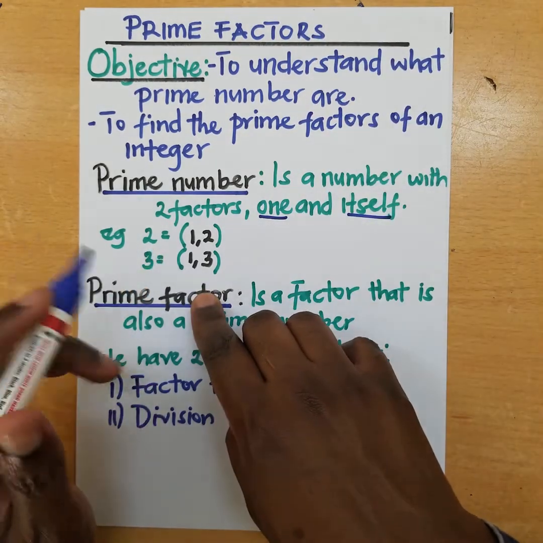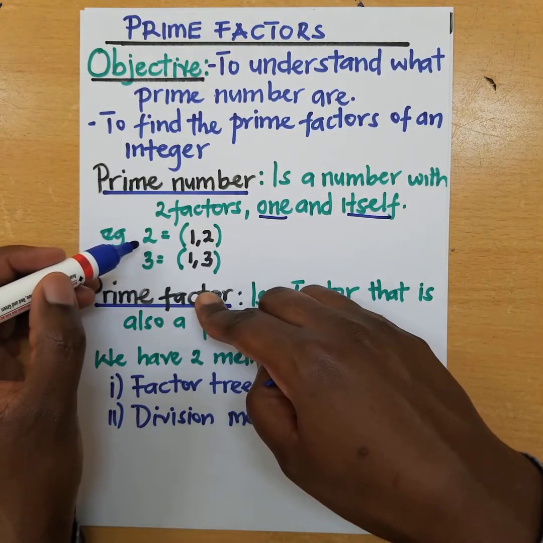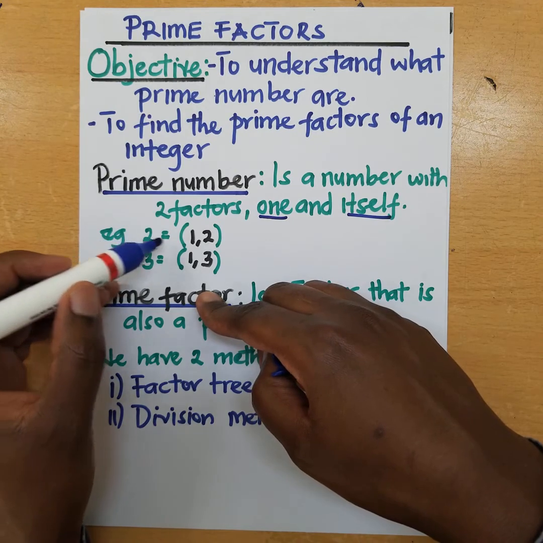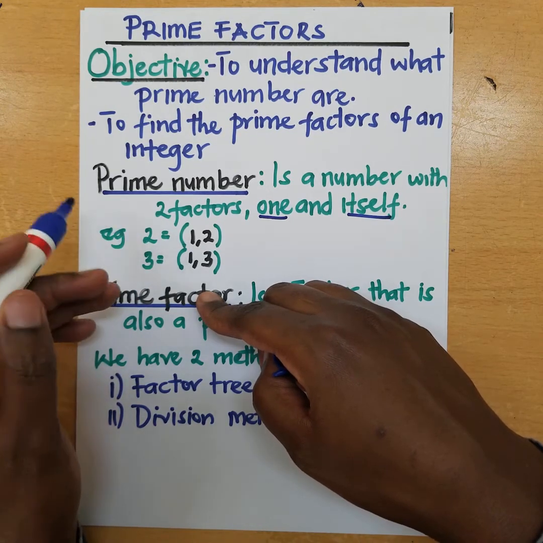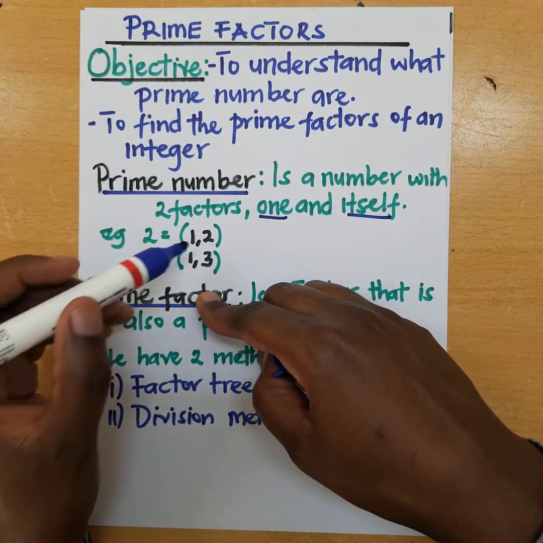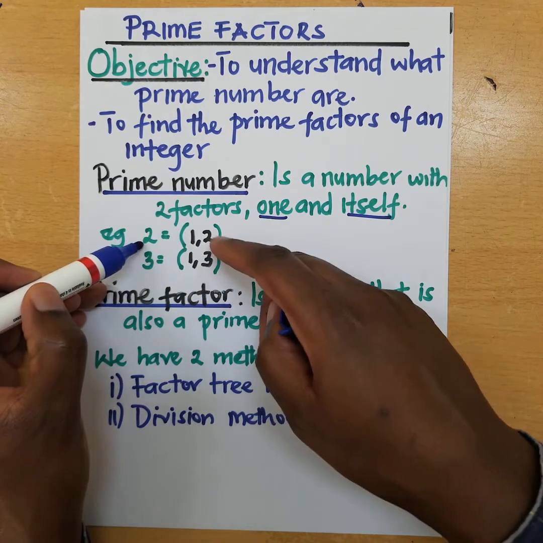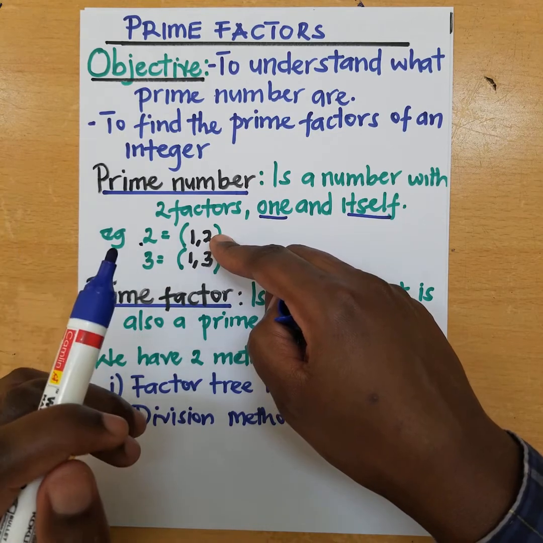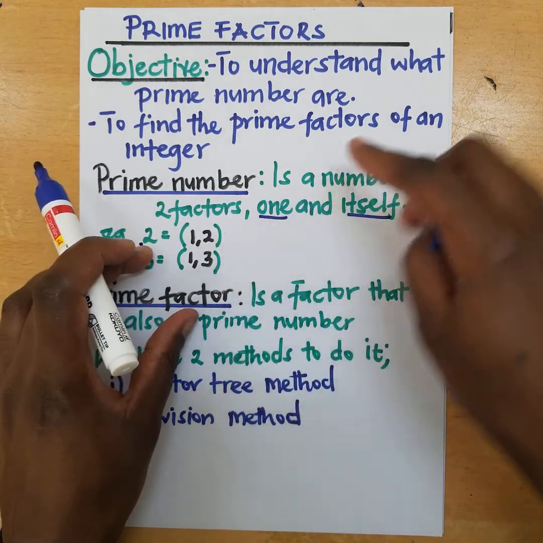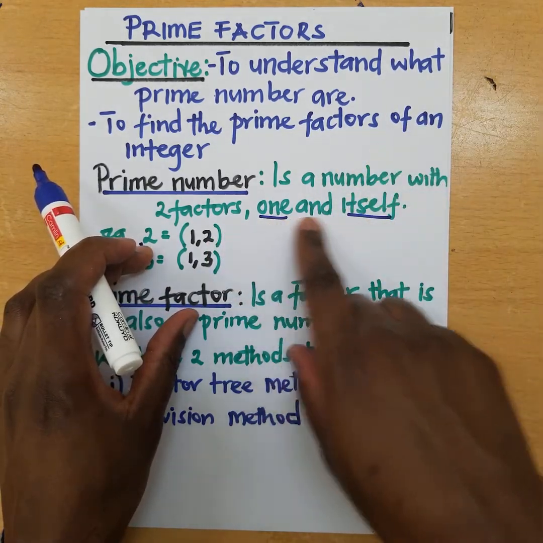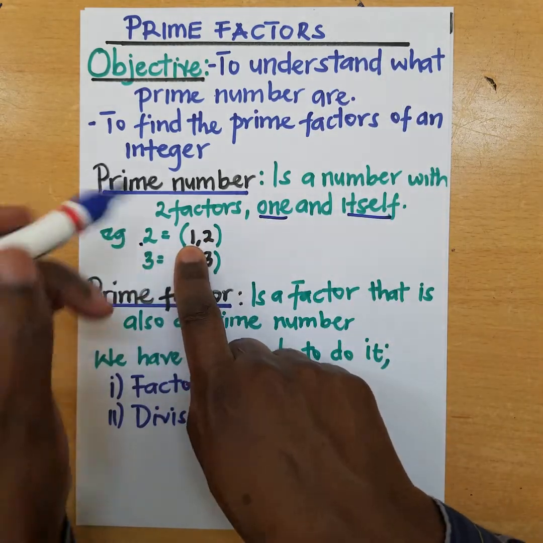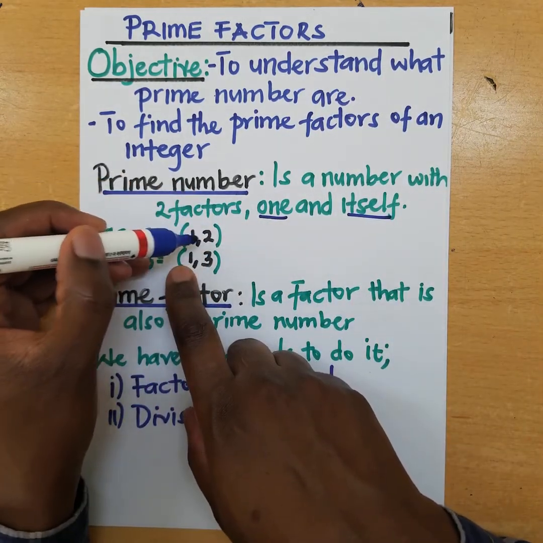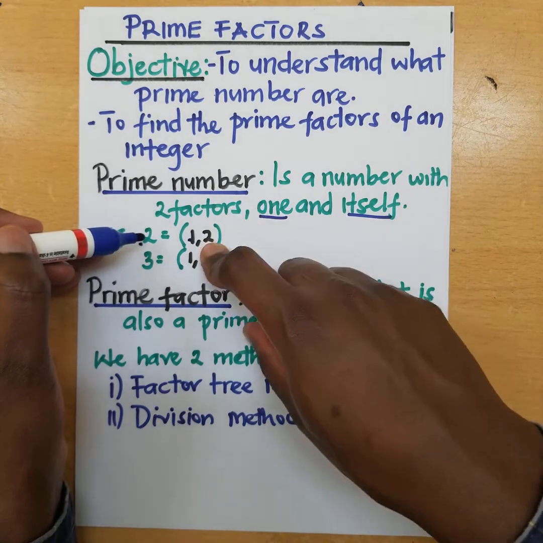So, for example, if I have 2 and I divide by 1, I'll get 2. Do I have any remainder? No. If I divide this 2 by 2, I'll get 1. Do I have any remainder? No. So it is a number that has two factors, one and itself, which is 2.